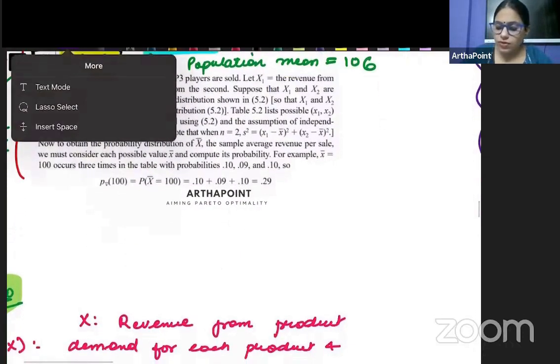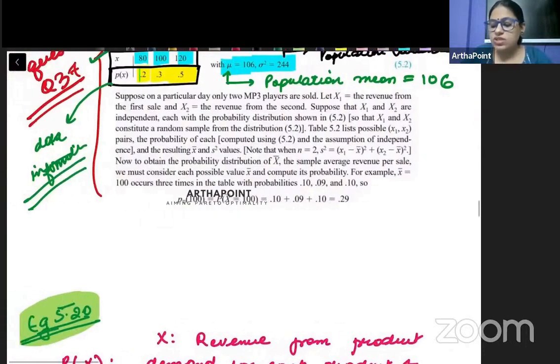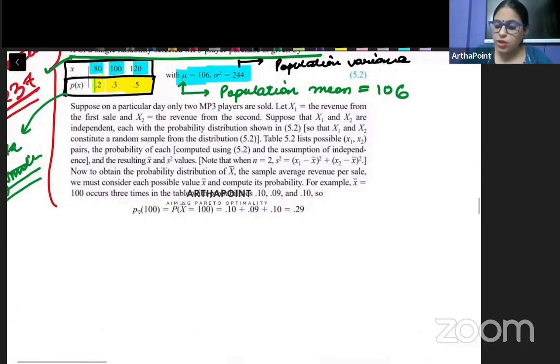Before I go further into the question, एक बारी हम देख लेते हैं how these values are actually derived. इन values को कैसे derive किया गया है, we need to understand that also. So बेटा population mean को निकालने के लिए it is nothing but the expected value of x. So how can I find the expected value of x?